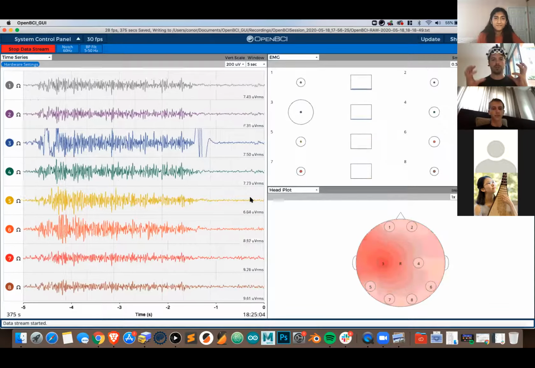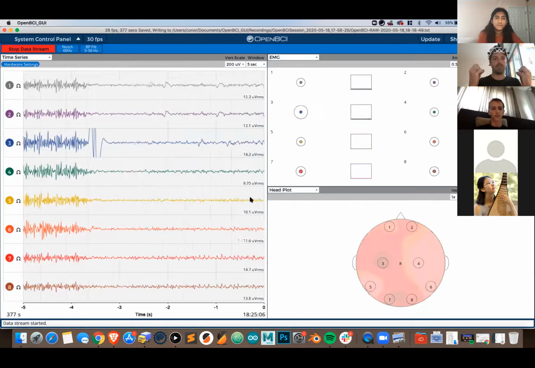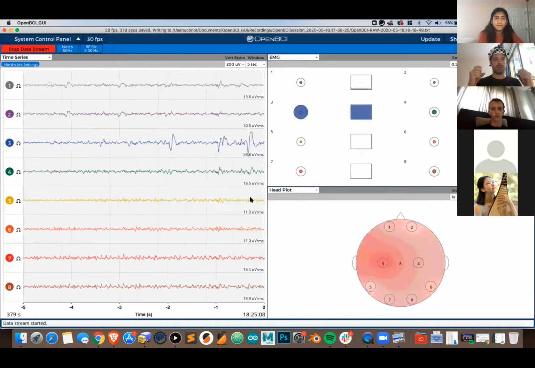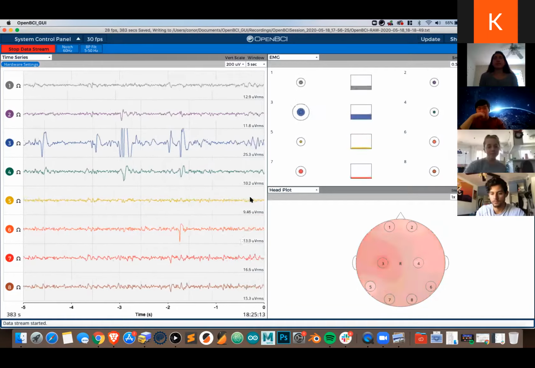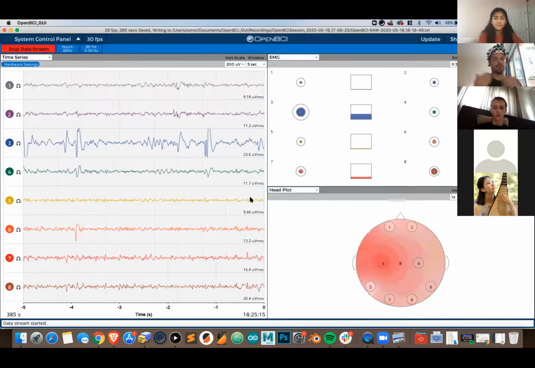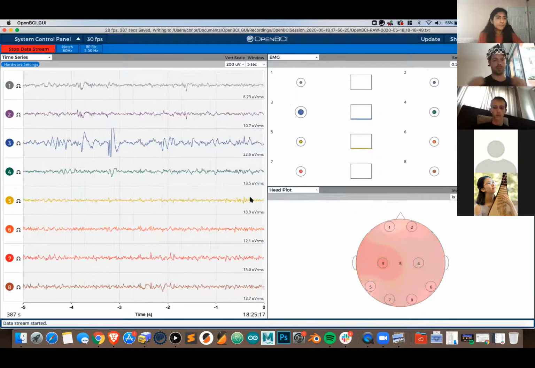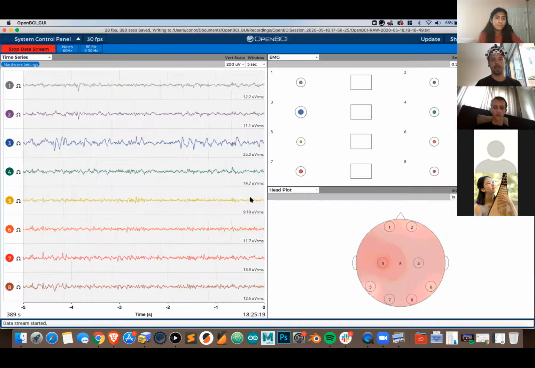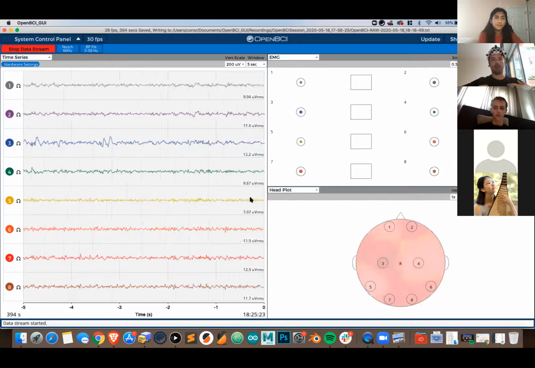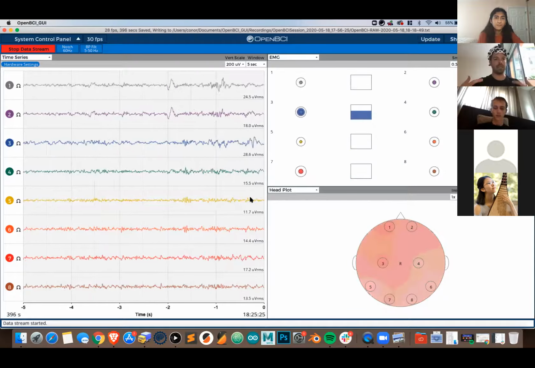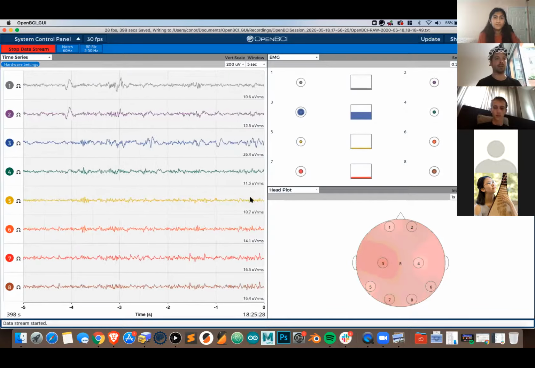You see how there's this really high frequency, scratchy data. That's just me flexing muscles above my ear and in my head. It's really easy to do that, and super reliable. As long as the sensor is attached, you're going to get the data. And because the data is 10 to 100 times higher in amplitude than EEG, it's that much easier to detect.